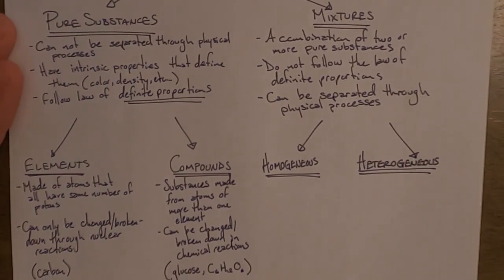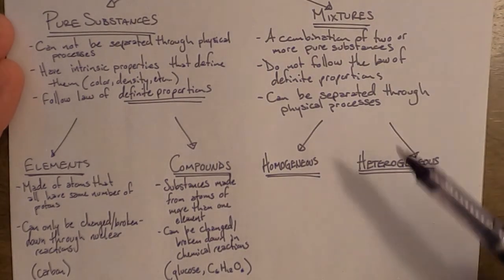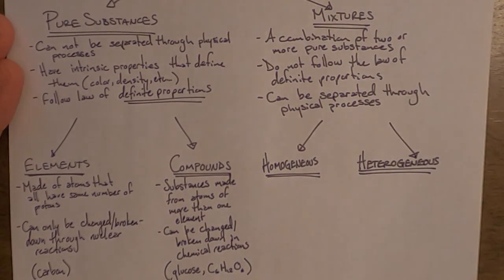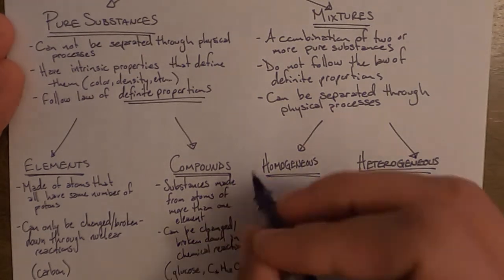If you have 2 granular solids that can be mixed together, that could be a mixture and it would be a heterogeneous mixture. If you had 2 gases that were mixed together, they probably would form a homogeneous mixture. But for our examples, we're going to look at things that are dissolved in liquids or dissolved in water.